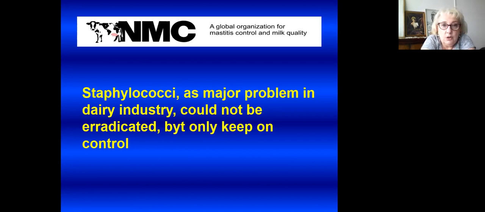The Staphylococcus, especially coagulase positive Staphylococcus, are very interesting both on human and veterinary medicine because they could infect the animal and people too, but they are also food pathogens. In the point of view of dairy, they have some specific of their actions. Please, next slide.